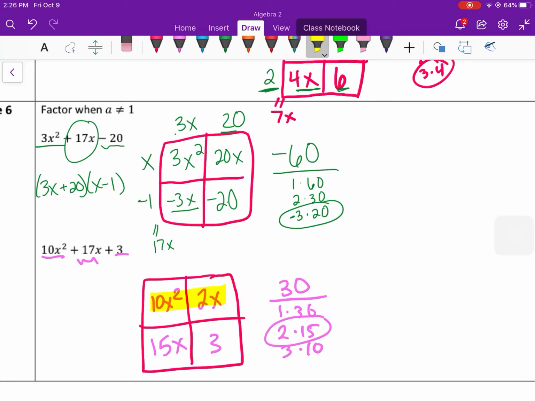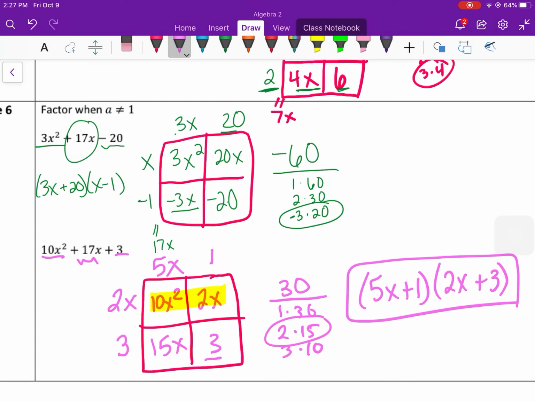And then what do these two have in common? That would go right here. It would be 2x. And then 2x times 5x would give me 10x squared. Then 5x times 3 here would give me 15x. And 2x times 1 would give me 2x, and 1 times 3 is 3. So my answer would be 5x plus 1 times 2x plus 3.